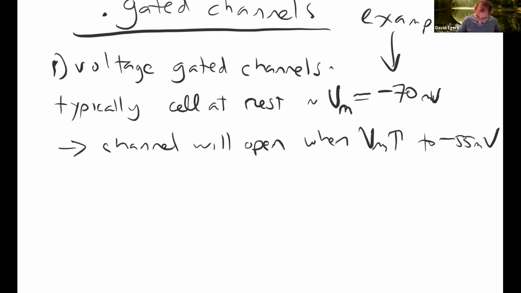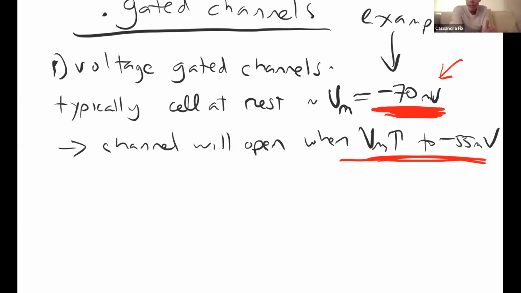Like the sodium and potassium channels that we're going to be looking at during action potentials, they're going to be closed when the cell is at rest at minus 70 millivolts. If the membrane potential goes up above minus 55 millivolts, they'll open up. And then if it drops down again to here, they'll close again. So Doctor, did you say minus 50 or minus 55?